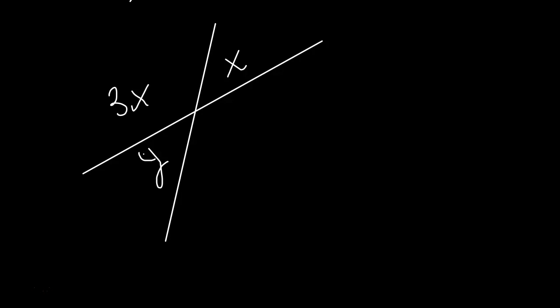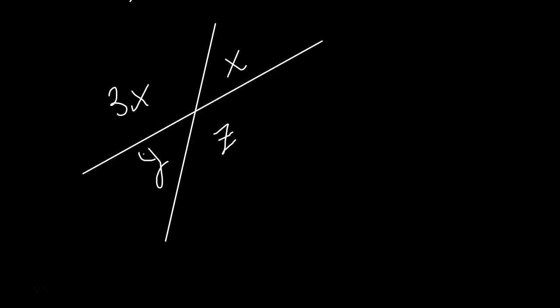If I need to find x or y, I could notice these two are next to each other. I could actually find all these. It would be a pain in the butt to say x is equal to y because they're vertical angles. That would be true. You could go that way.